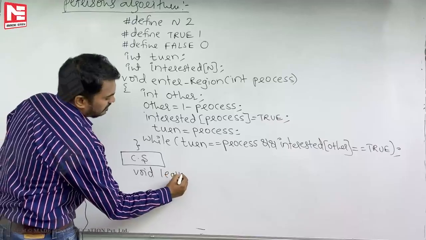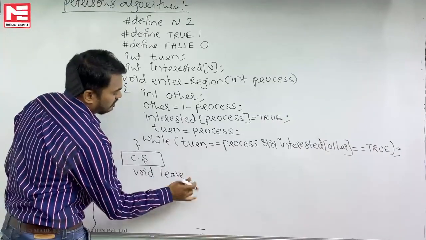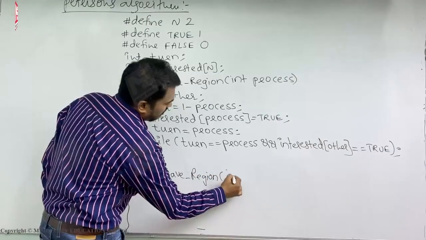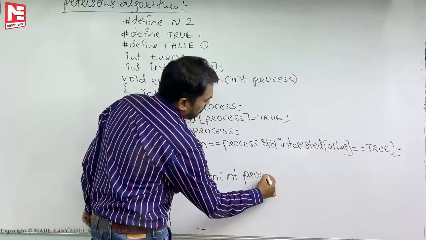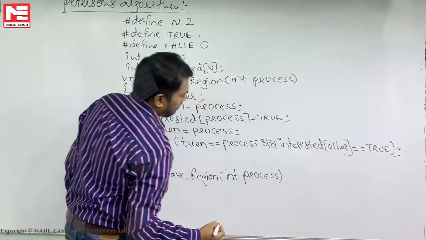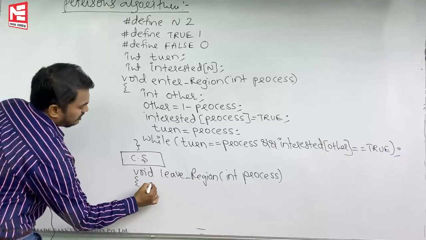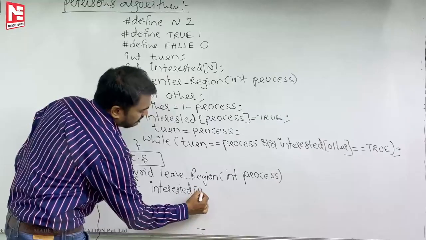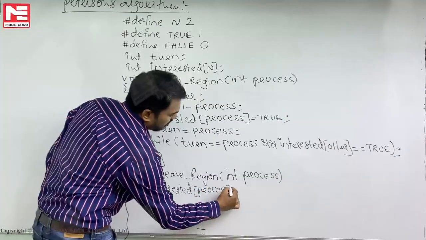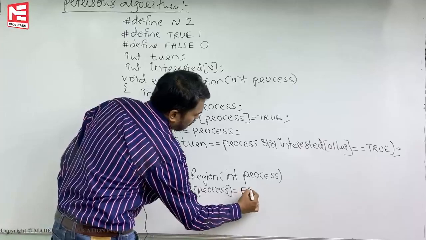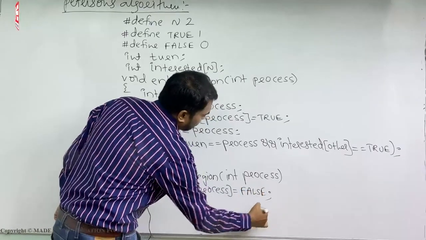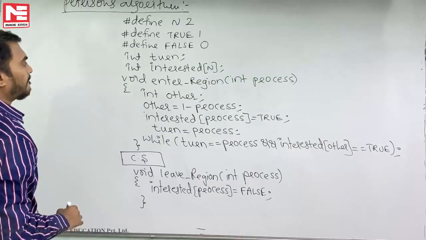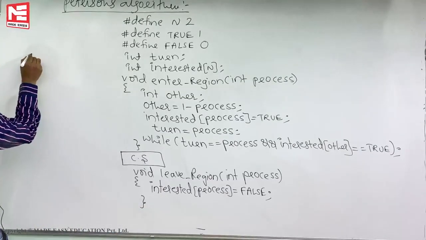Next, void leave_region(int process), interested[process] = FALSE. Copy this, and next copy this also.